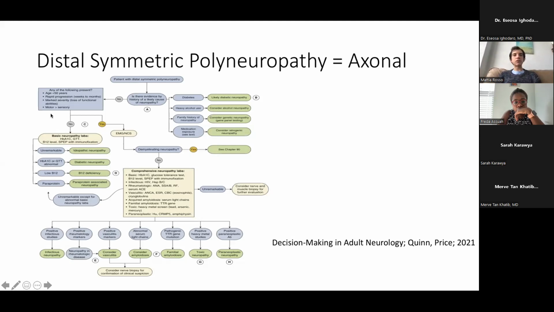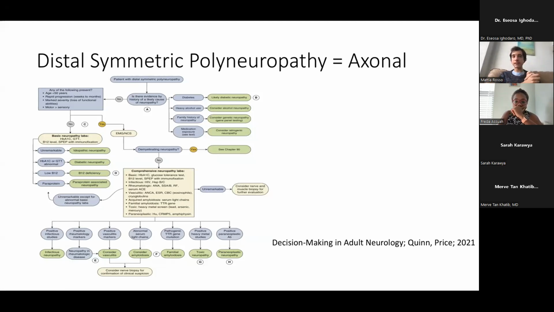Now, if those are all negative, then we do the workup that we talked about, which is an A1C, a B12 level, an SPEP with immunofixation. And let's talk for a second about why these have been picked. We talked about A1C. Diabetic neuropathy is very common.